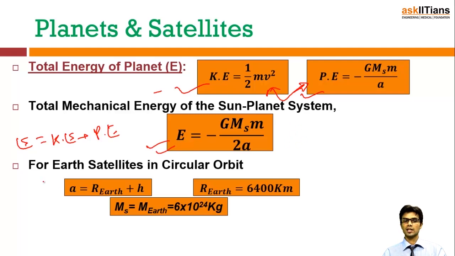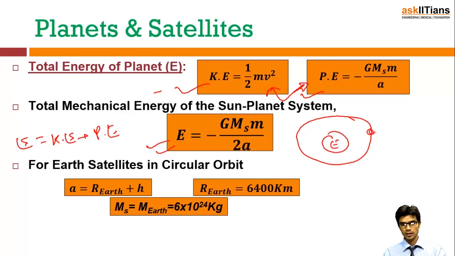For Earth satellites in circular orbit, a is equal to R earth plus h. This is the circular orbit, this is the Earth and this is any satellite. This is the h, and from the center this is RE, and we are considering this as a, therefore a is equal to RE plus h.